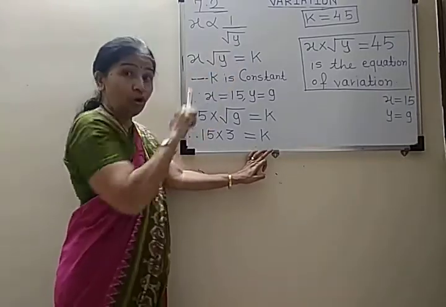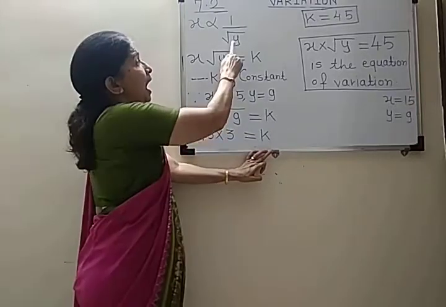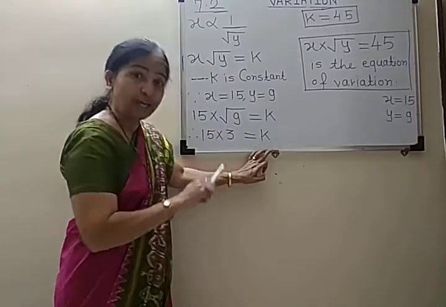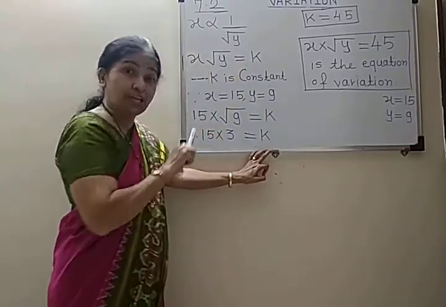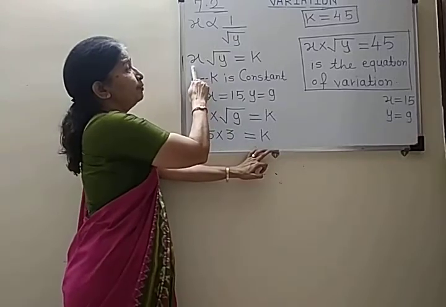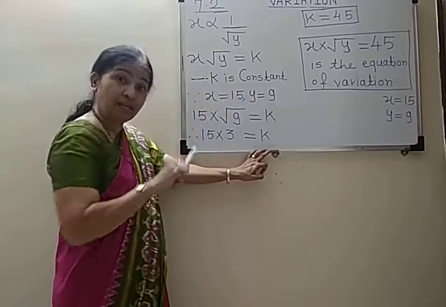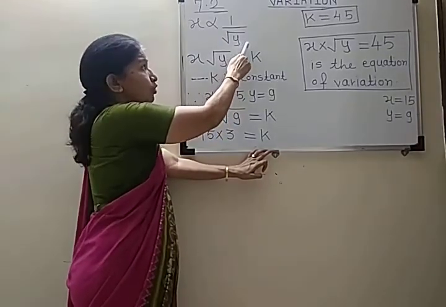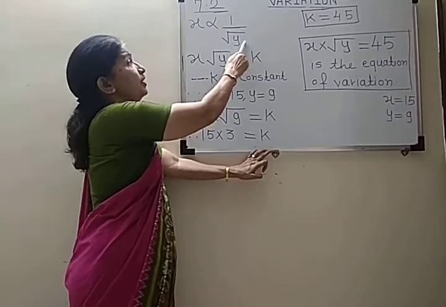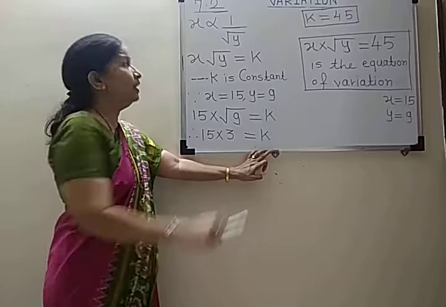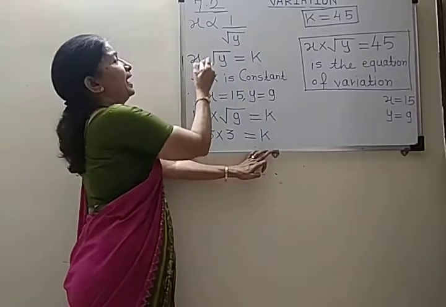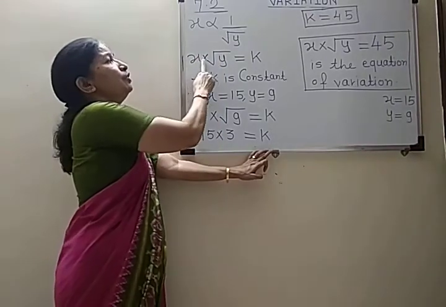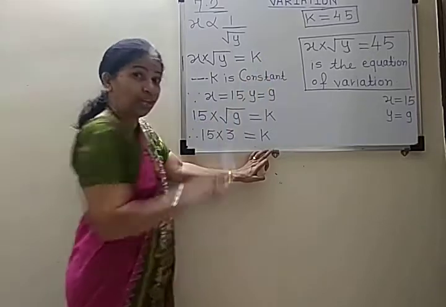For the next step, I will make the equal sign. There I should remember that in inverse variation, multiplication is constant. So I brought this root y, which is division, to the left hand side. So division became multiplication. So x into root y is equal to k.